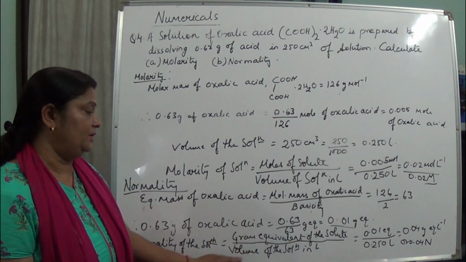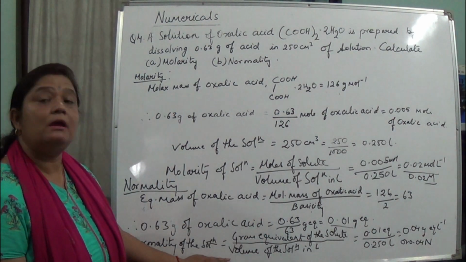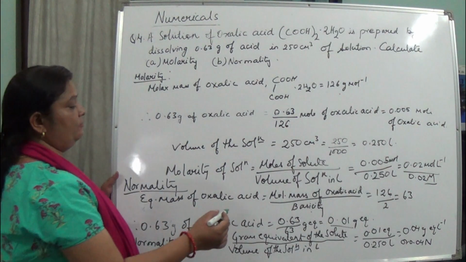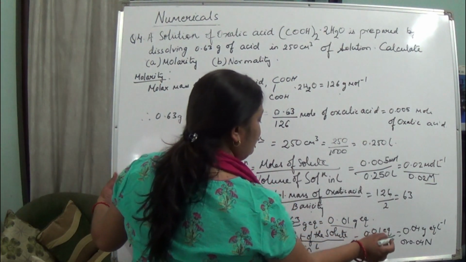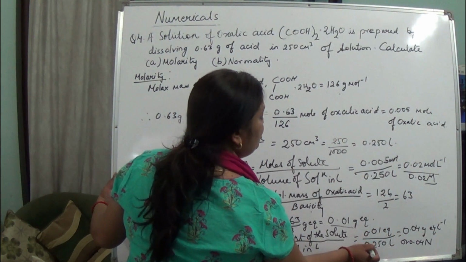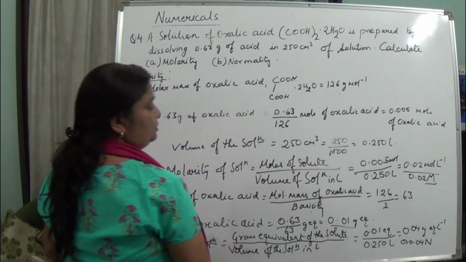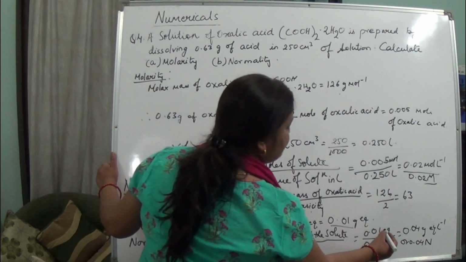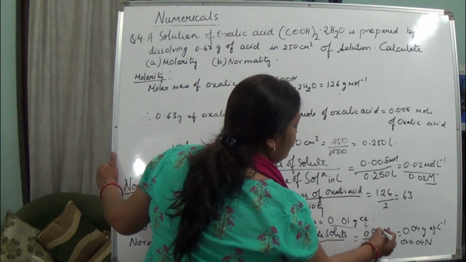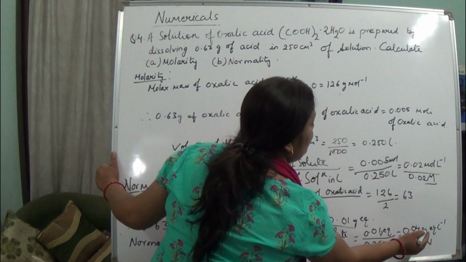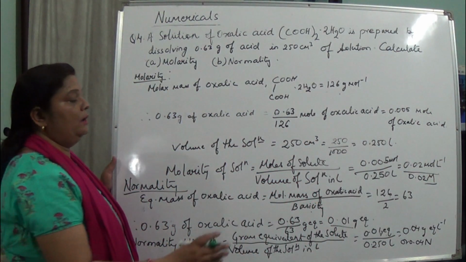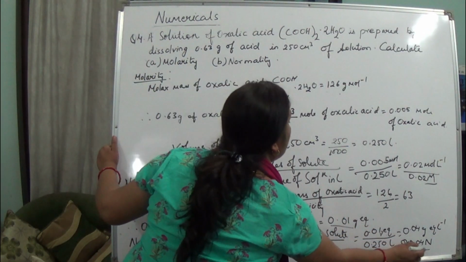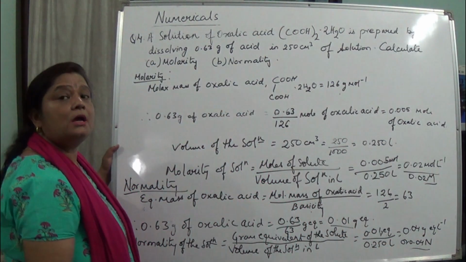Gram equivalent of the solute upon volume of solution in liters. You have got 0.01 gram equivalent upon 0.250 liters. The answer will be 0.04 gram equivalent per liter, or you can also say 0.04 N. N stands for normality.